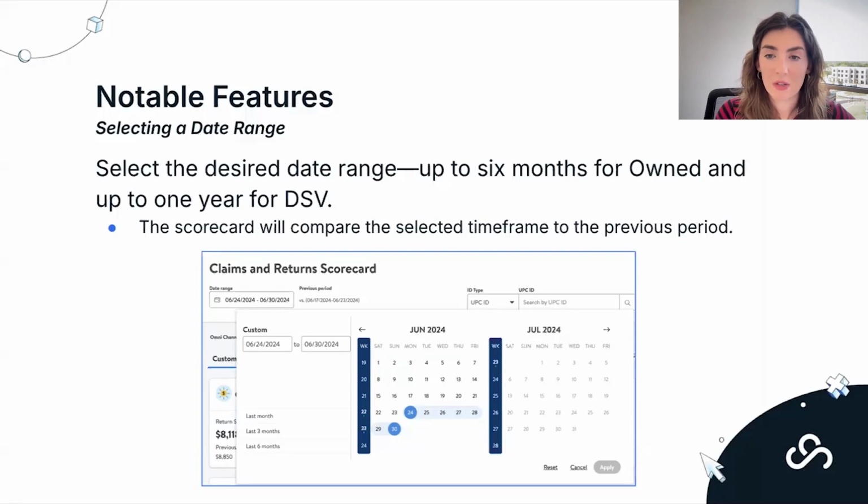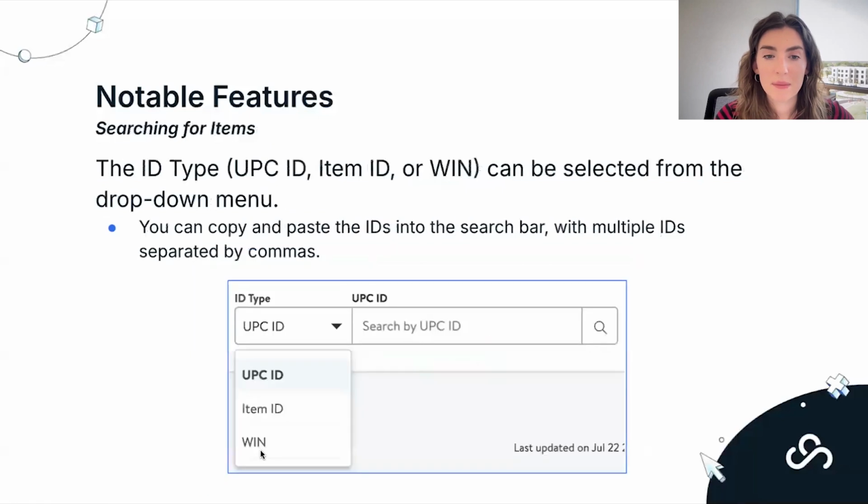So this is an easy way to understand what's happening in a time frame and going back to that historical data. And so you can see you can get last month up to the last 6 months, which is pretty valuable in terms of the longevity that Walmart will hold your data at this level.